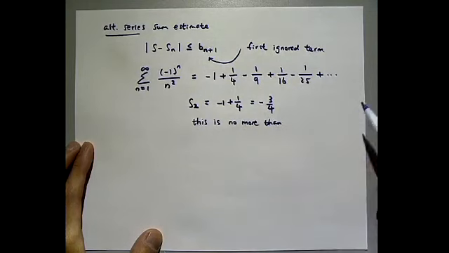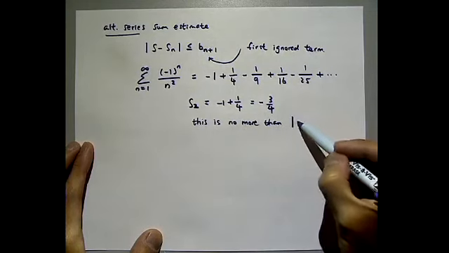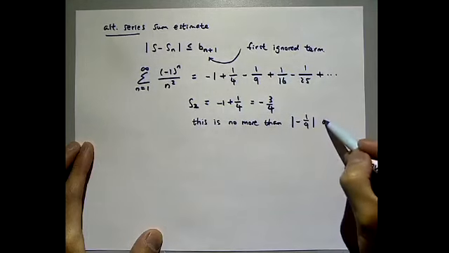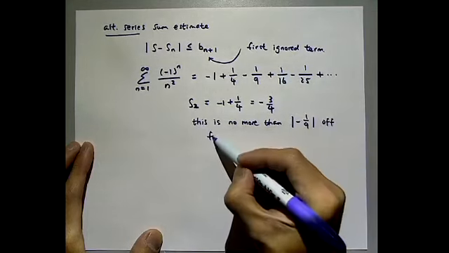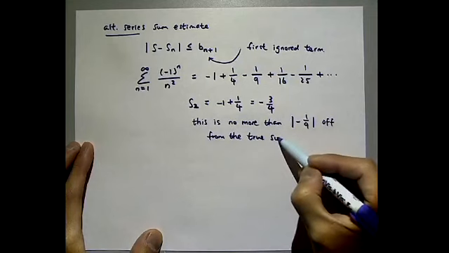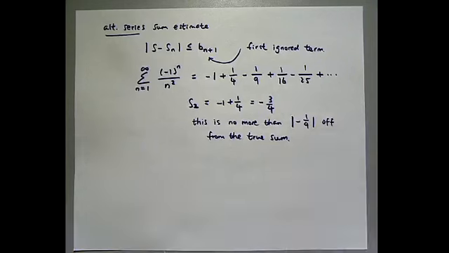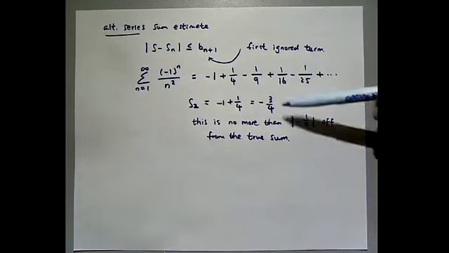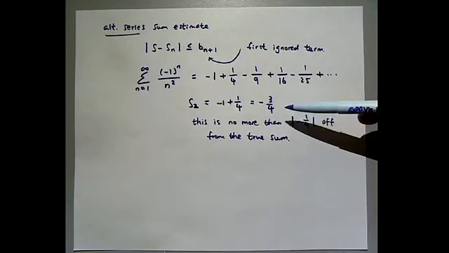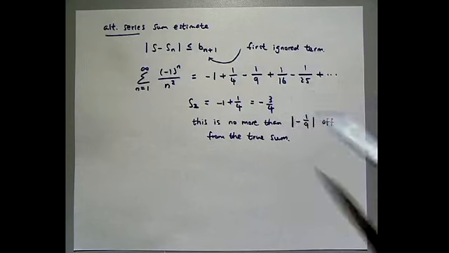So this one is no more than the absolute value of the next one from the true sum. Okay, so this is no worse than 1 over 9 overestimate or 1 over 9 underestimate. It's within that number of the true sum, whatever that true sum happens to be.